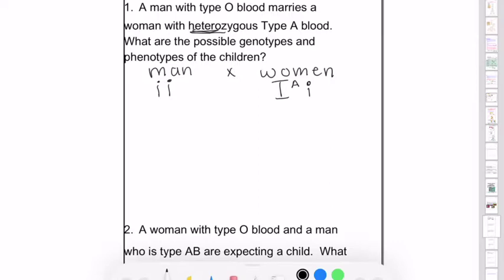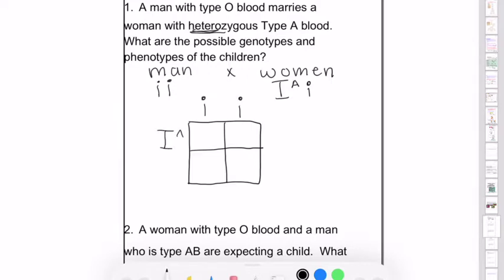Well, we need to do a Punnett square to figure that out. So I'm putting the man up here and then the woman's genotype on the side. It really doesn't matter where you put it.